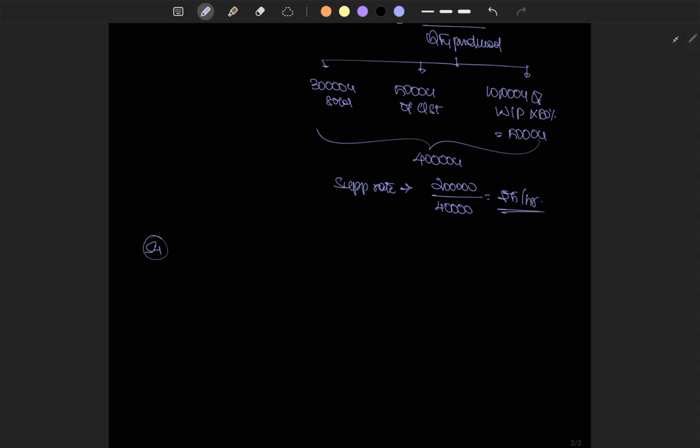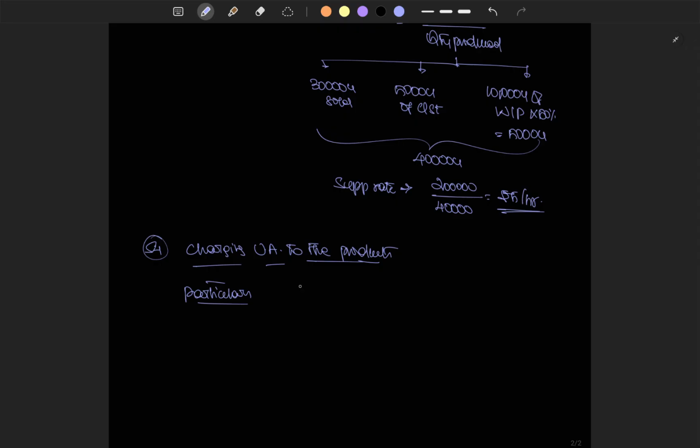Now we are left with the step of charging under absorbed overheads to the products. Right, how do we have to charge under absorption to the products?